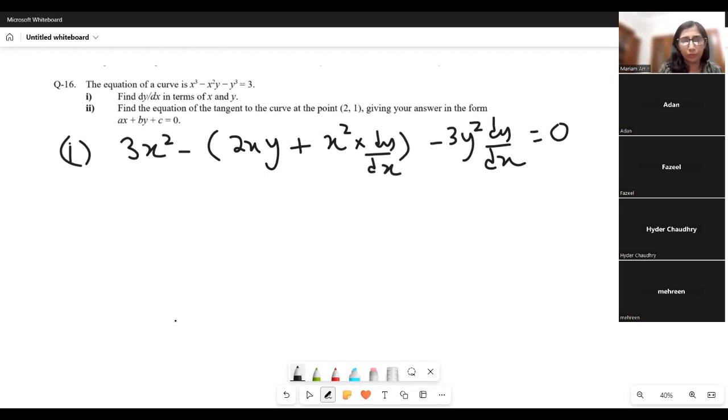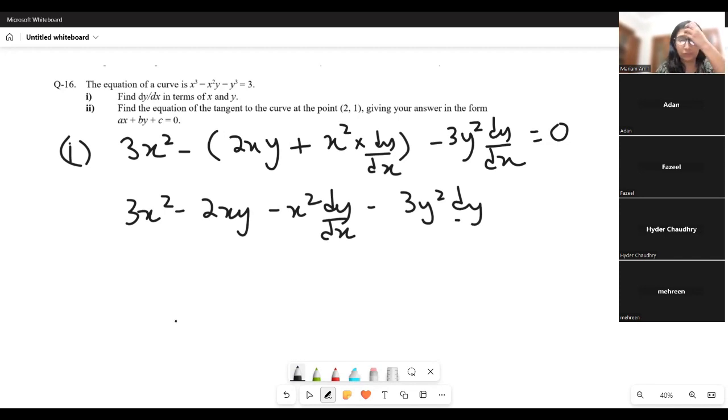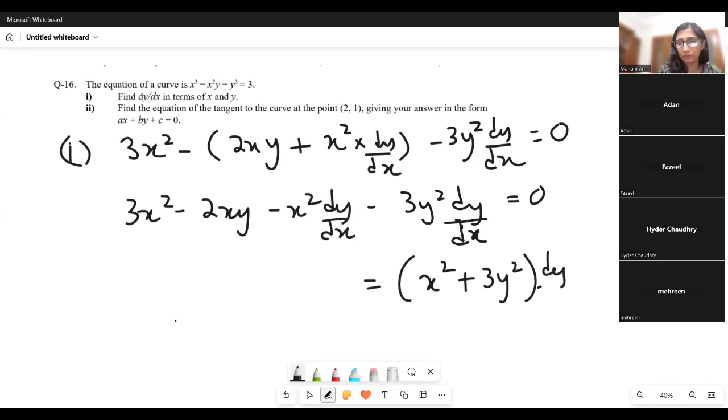Okay, so I'm going to expand this: 3x square minus 2xy minus x square dy over dx minus 3y square dy over dx equals 0. Take the dy over dx terms to the other side, on the right side x square plus 3y square times dy over dx, and 3x square minus 2xy.